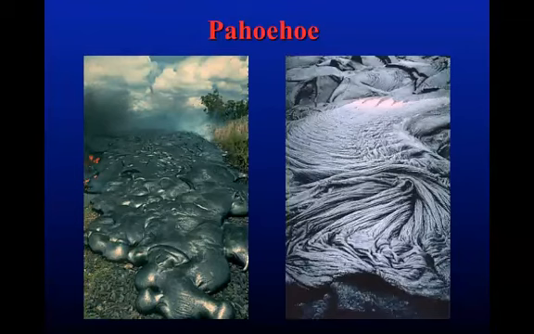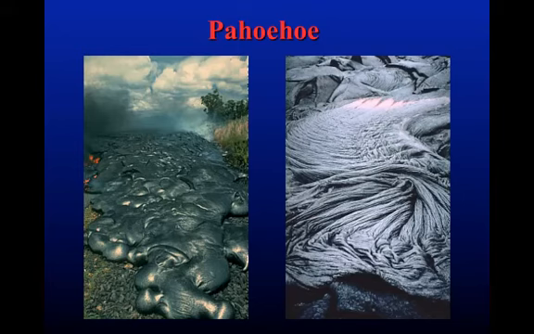Now, you've probably seen, in person or in images, basalt lavas that look like this. They're ropey. It looks like solidified liquid. In this case, these are pahoehoe lavas, and these are the less viscous kind of basalts.